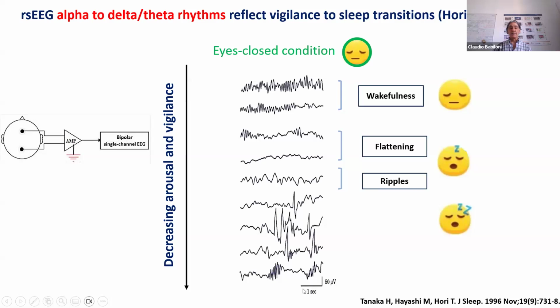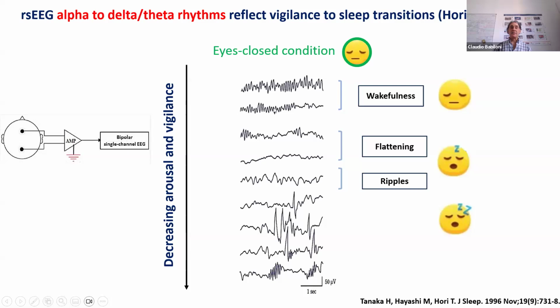You see in the bottom the time scale, 1 second in this segment, and 50 microvolts, the voltage of scalp EEG activity. And you see that the ample oscillation at 10 Hz, about 8 to 12 Hz in different subjects, is related to resting state, eyes closed, quiet vigilance.